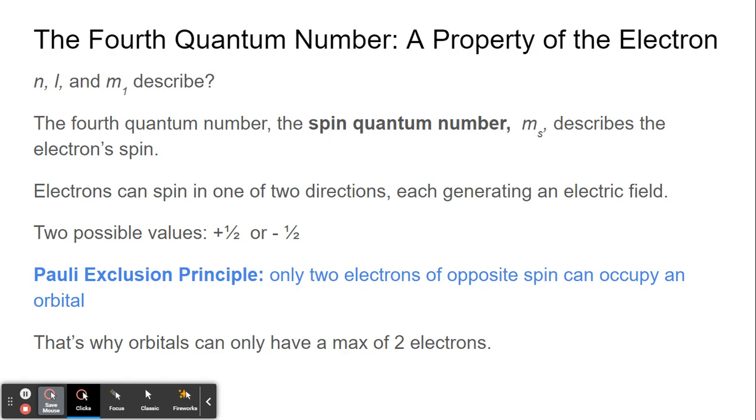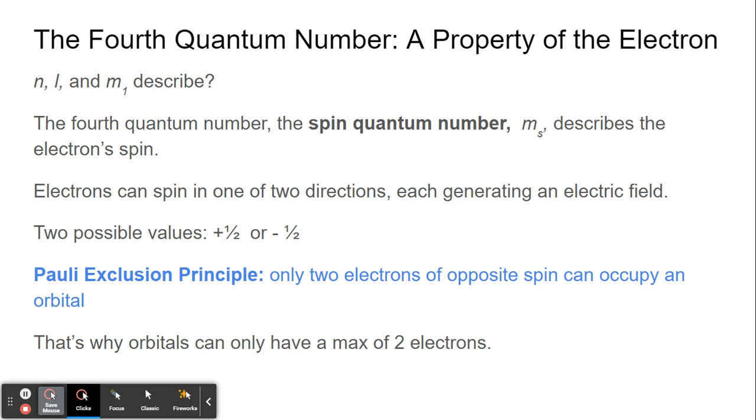In order to understand why we can fit some electrons into the same orbital and not others, we need to learn about the fourth quantum number. We've learned about three quantum numbers. n tells us about size, l tells us about shape, ml tells us about orientation, but this fourth quantum number is the spin quantum number, and it describes the electron's spin.